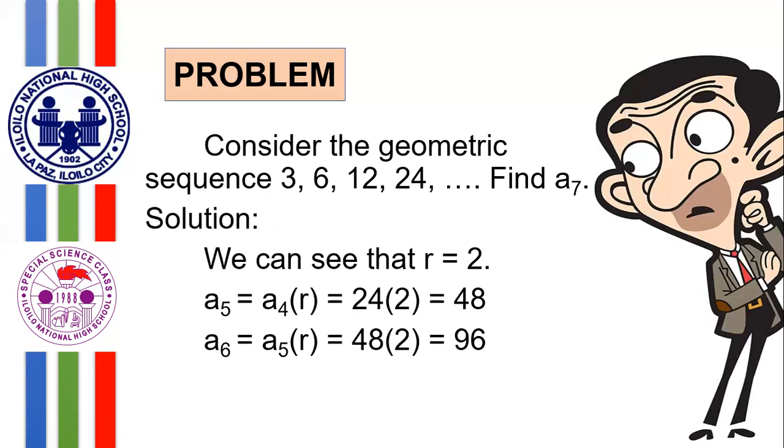The 5th term is 48, so 48 times 2 will give you 96. And the 7th term is equal to the 6th term times your common ratio. Your 6th term is 96 times 2, that gives you 192. Thus, the 7th term of this geometric sequence is 192. I hope you got it.